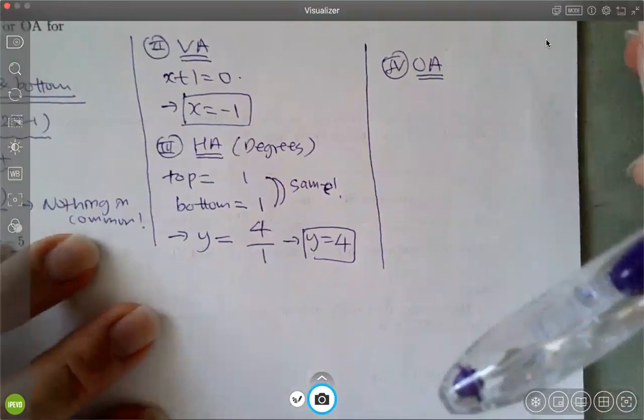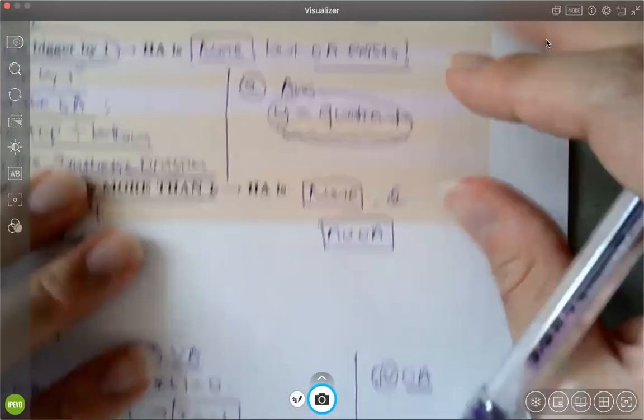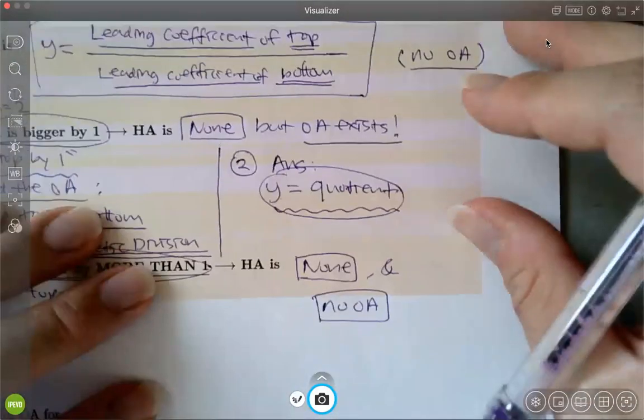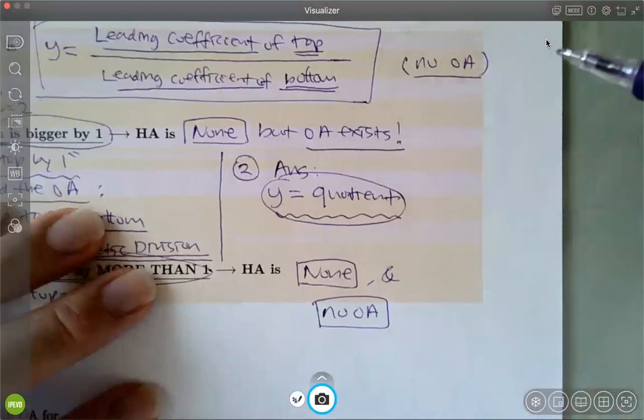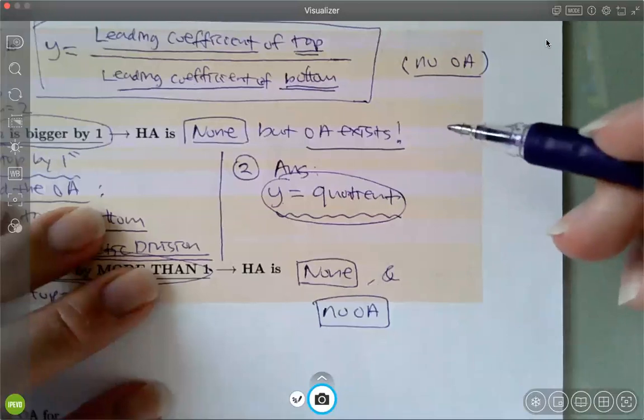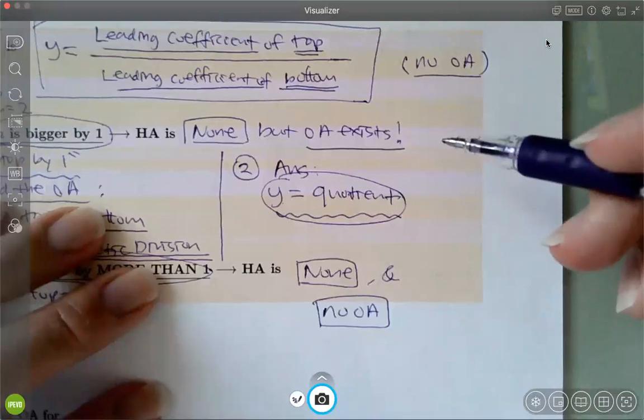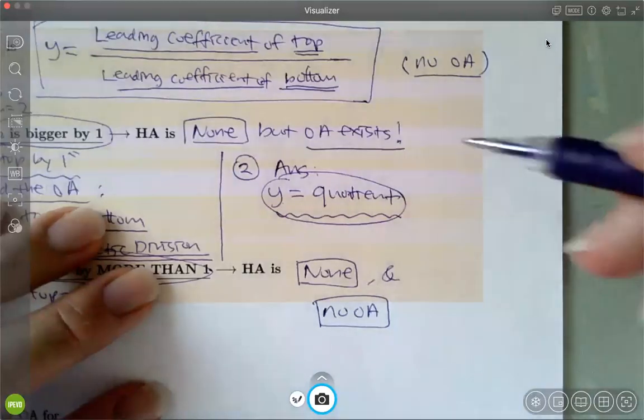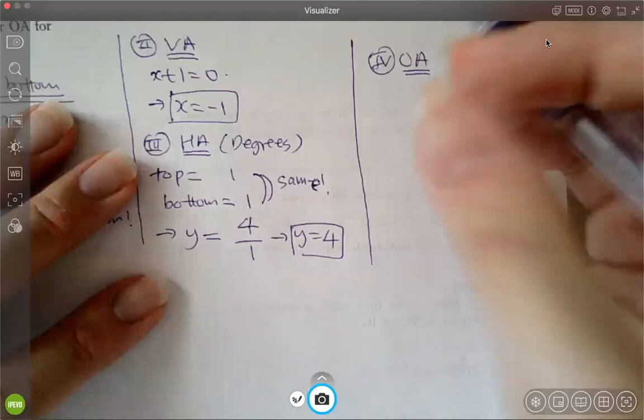So according to scheme number 2, what does it say in terms of the oblique asymptote? There isn't one, right? Because remember, the oblique asymptote exists only when the top degree is bigger by 1. For every other case, there isn't one. Okay, so none.